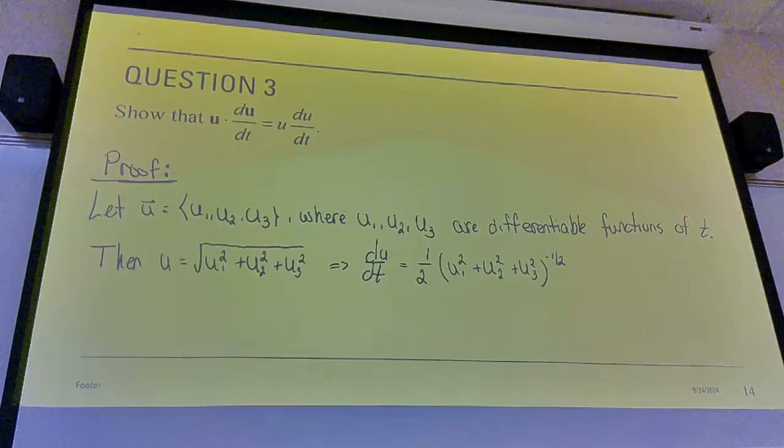What is the derivative of U1 squared plus U2 squared plus U3 squared? 2U1 plus 2U2 plus 2U3. You forgot chain rule.